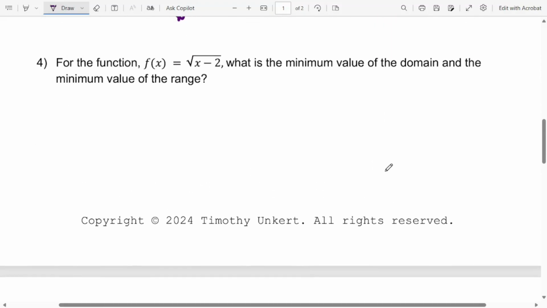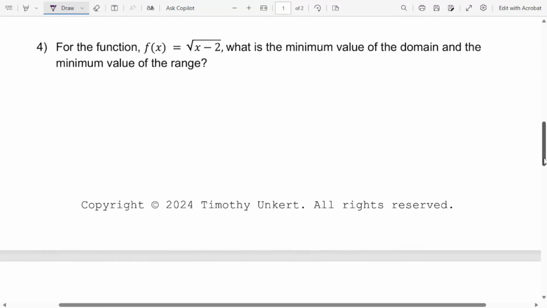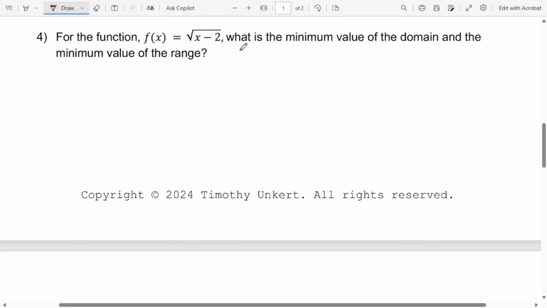For the function f of x equals the square root of x minus 2, what is the minimum value of the domain and the minimum value of the range? Well, first off, let's figure out what the domain is. So the lowest value I can put in for x is 2, because 2 minus 2 is 0.